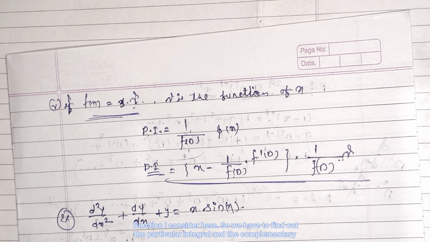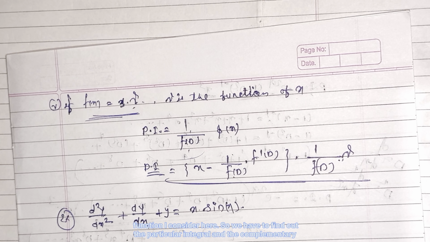First of all we go for the complementary function. First we consider the auxiliary equation, which we get from here: D square plus D plus 1 equals 0.